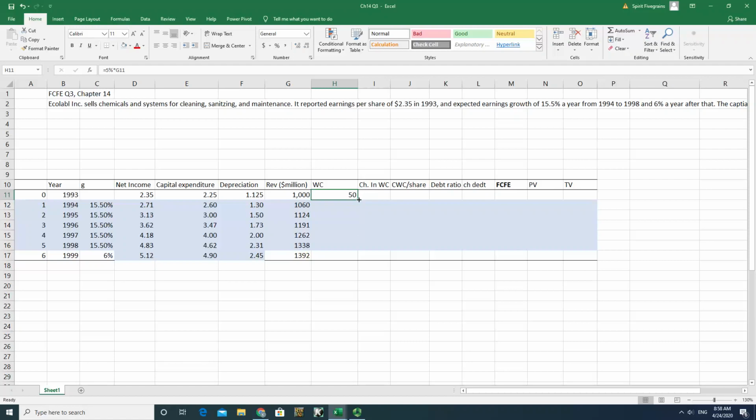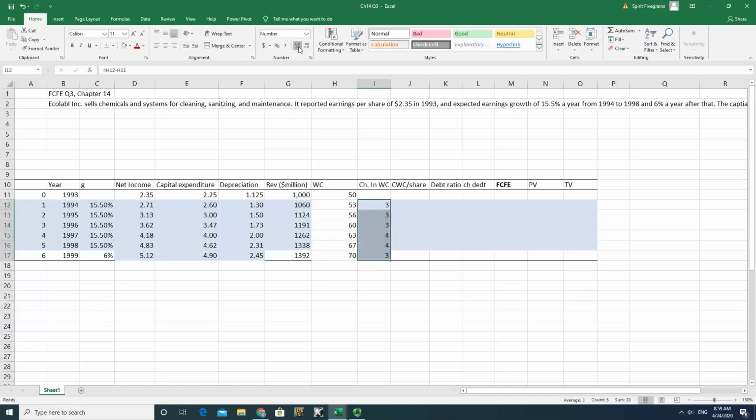You can copy this cell. The change in working capital is the year-to-year change in working capital. In this case, it equals 53 minus 50 for 1994, and so on and so forth, and you can copy this. Double check. Looks good.